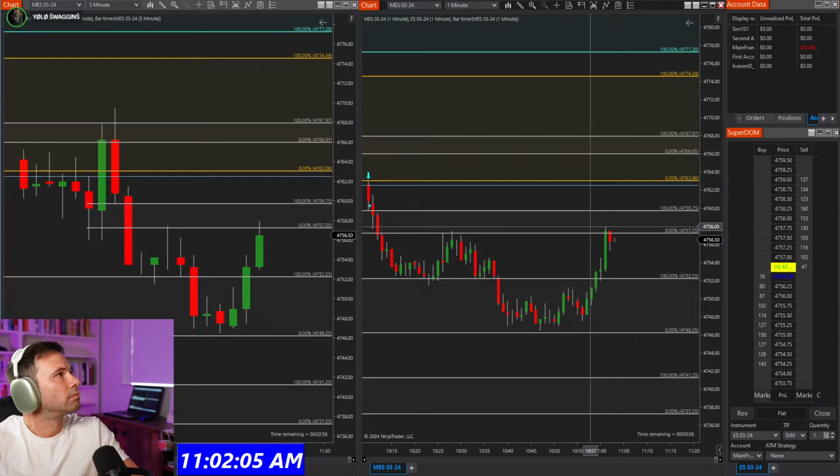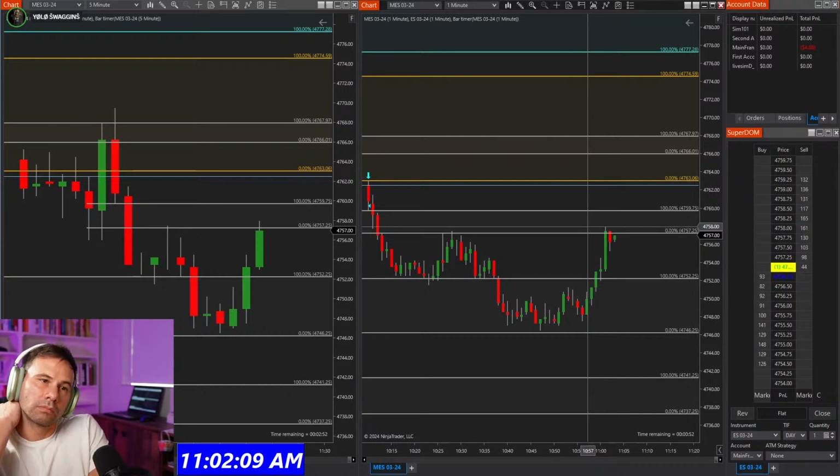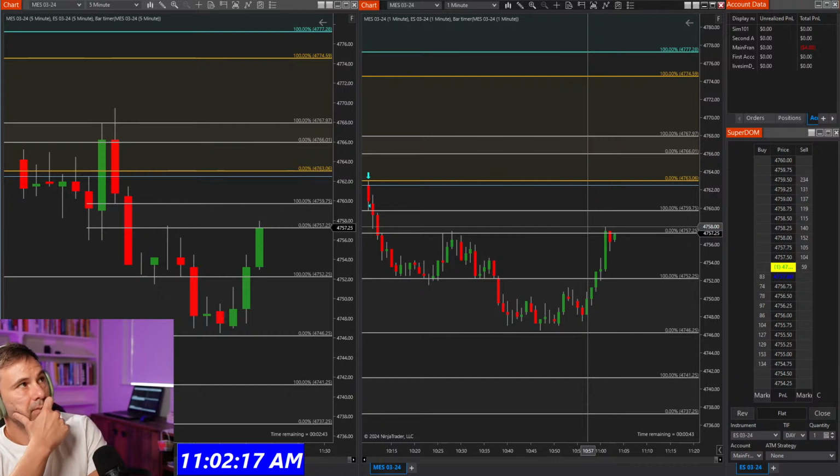Starting to get a little bull pennant here on the Nas. If we get a breakthrough high here, probably be long through 13. I'm taking a long. See if we get through the VWAP here.